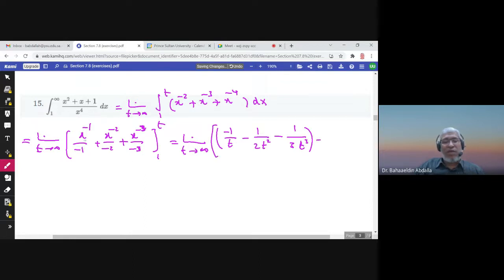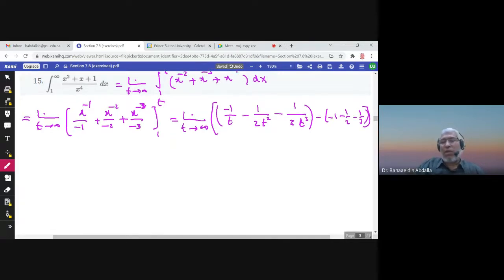Now replacing x by 1, I'll have negative 1 minus half minus 1 over 3. If I replace t with infinity, 1 over infinity would be all 0. And the answer would be 1 plus half plus 1 over 3, which is 11 over 6.